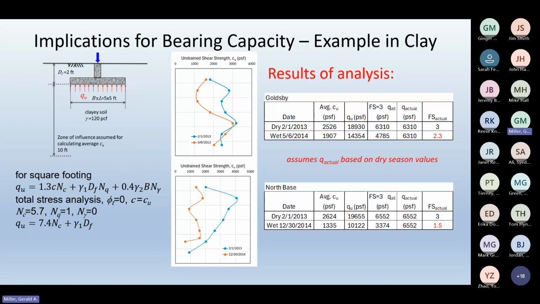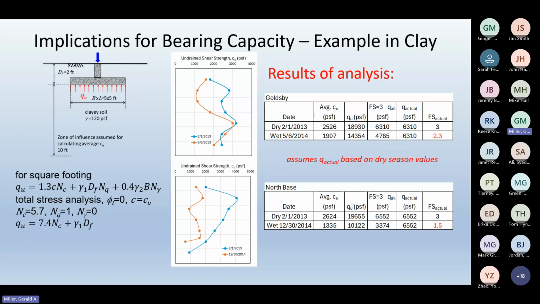And so if I was to use these equations and those average undrained strengths on the wet date, my ultimate bearing capacity would be 14,354. This is at Goldsby versus 18,930. With a factor of safety of 3, these would be my allowables. I know these are quite a bit higher than most of us would give, but this is what the numbers show.